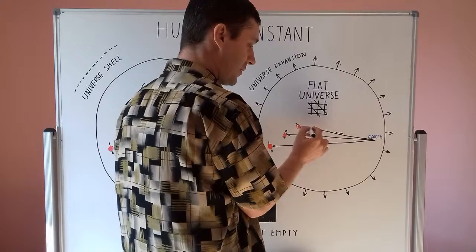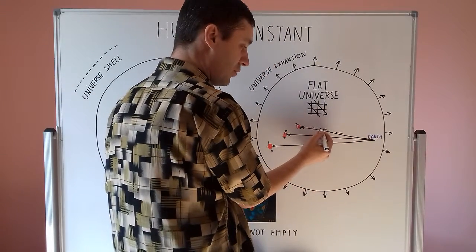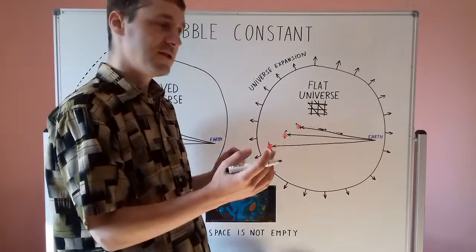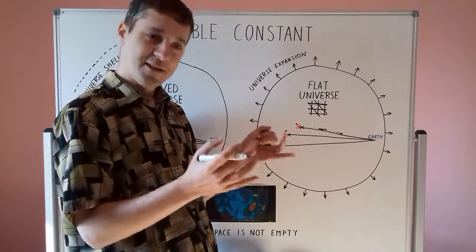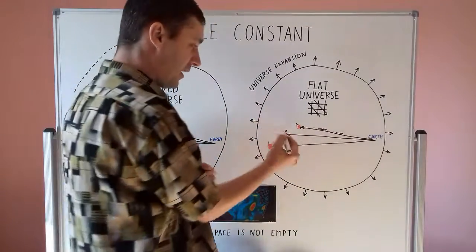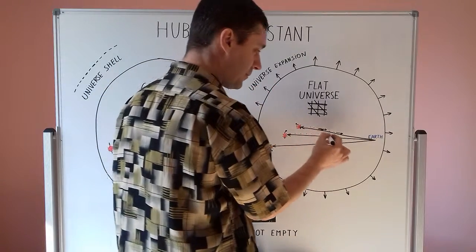What happens is, with time, the distance between these photons somehow increases. And this is something very strange. Why does space behave like this? If I look at this galaxy, which is farther away, I see the same behavior.